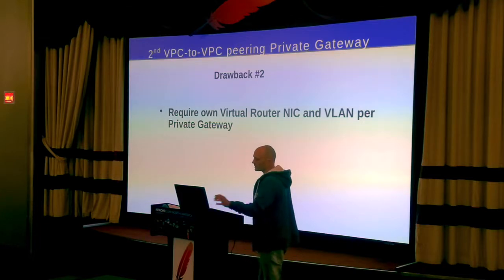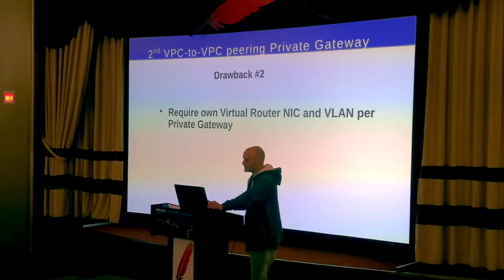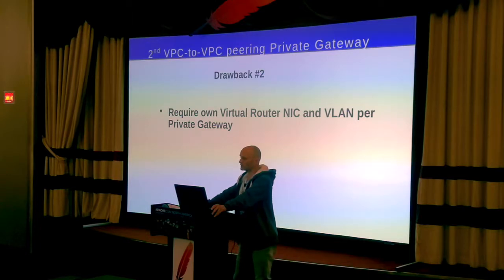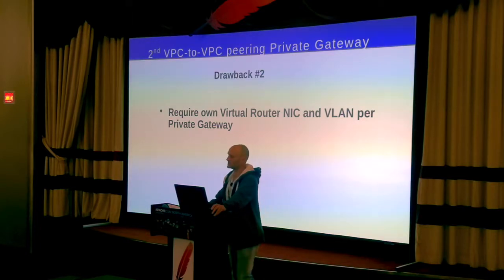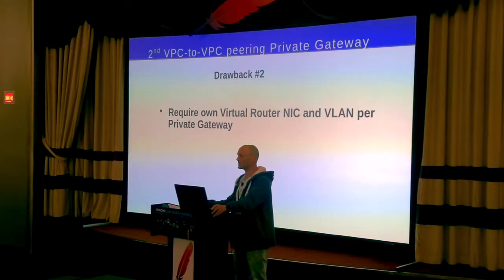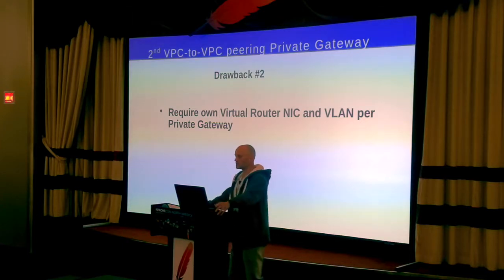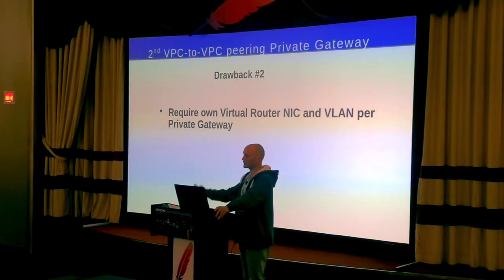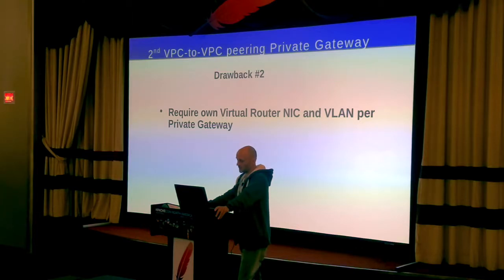The second drawback is that each private gateway requires its own NIC and VLAN allocation. This is because CloudStack assumes that each VPC to VPC needs a distinct VLAN. So for each private gateway that you create, CloudStack goes ahead and creates a new NIC on the VPC virtual router.